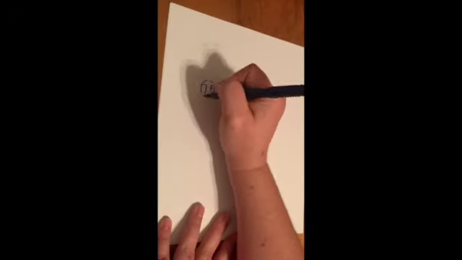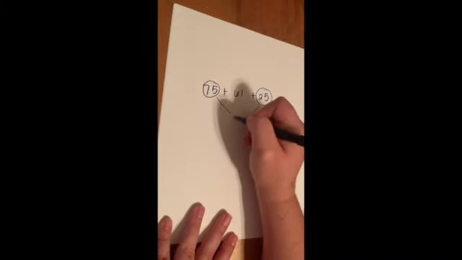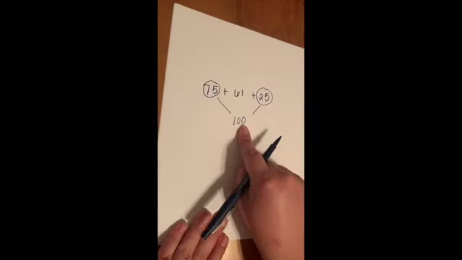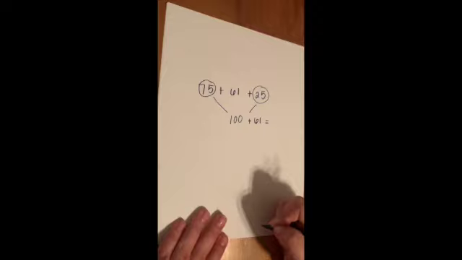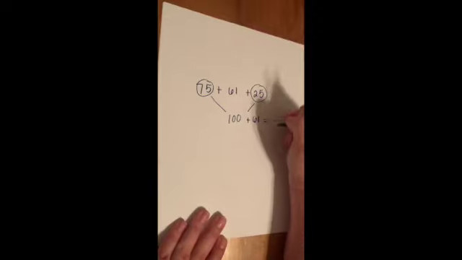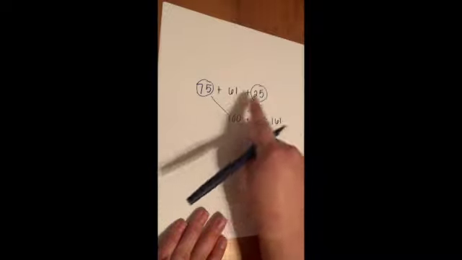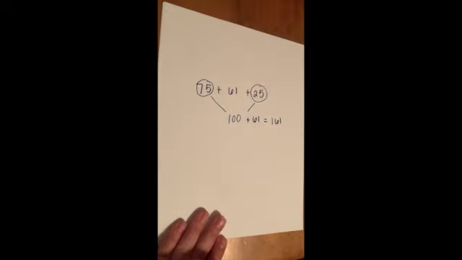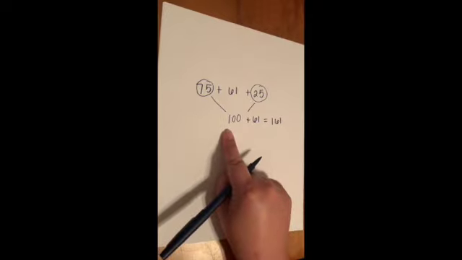So if I took the 75 and the 25 and I add those together first, and I get 100, then I'm going to be left with a much easier problem, because now I can take 100 and add that 61, and that's just going to be 161. So now I was able to take this problem and solve it in my head by knowing that 75 plus 25 is 100. I was able to use my compatible numbers to help me.